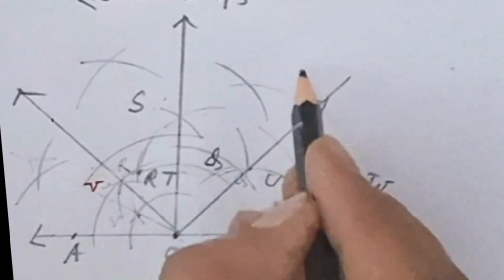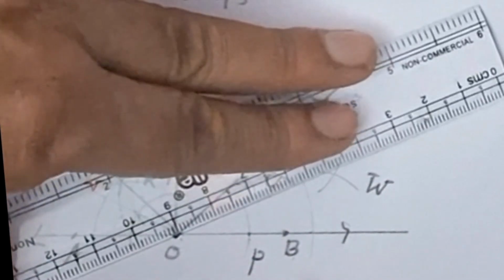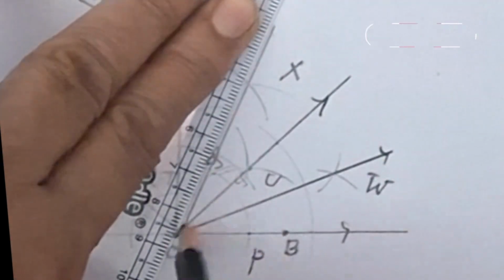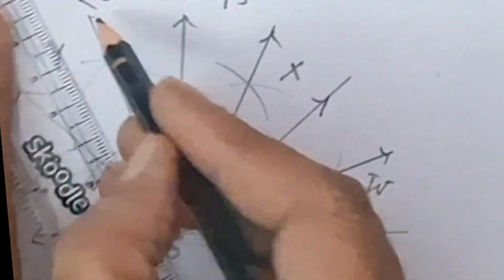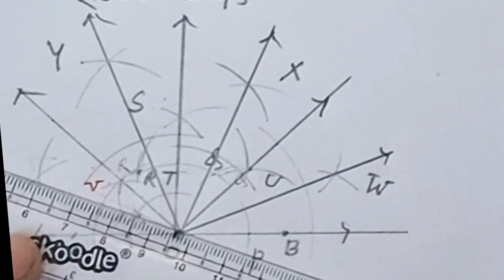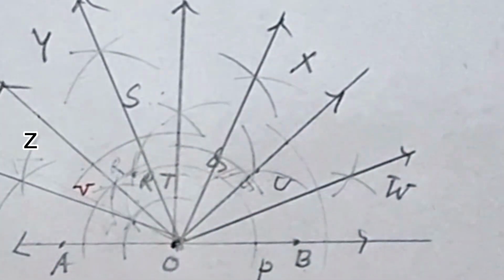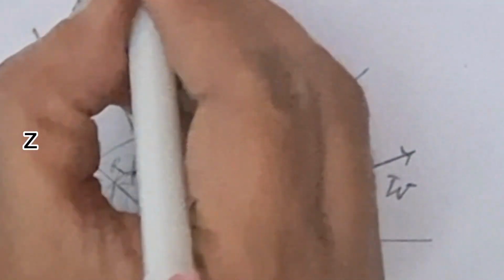Let four points of intersection be W, X, Y, Z. Now join OW, join OX, we join OY, we join OZ, so we get 1, 2, 3, 4, 5, 6, 7, 8 angles whose measurements are the same and they are equal to 22.5 degree.